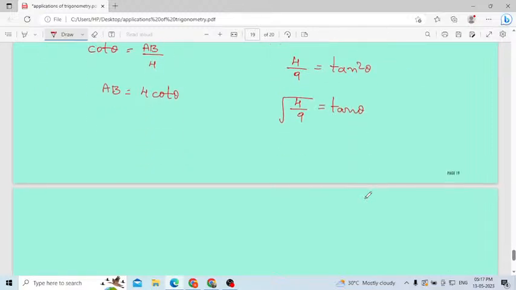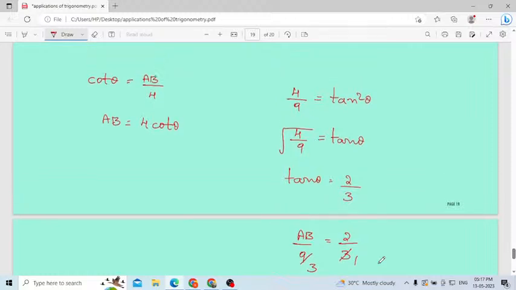I will consider only the positive value, 2 divided by 3. You know tan theta is AB divided by 9, which is 2 divided by 3. 3 ones are 3, 3 threes are 9, therefore AB value is 6 meters. That we proved. The height of the tower is 6 meters.